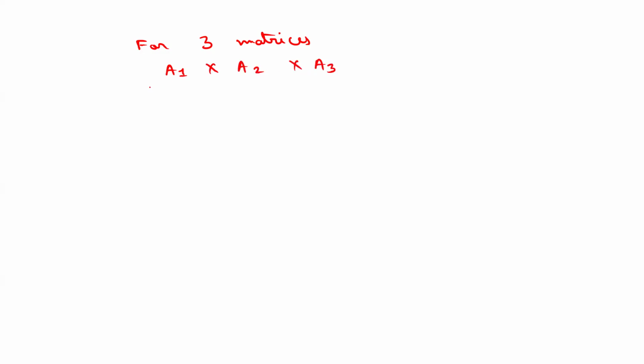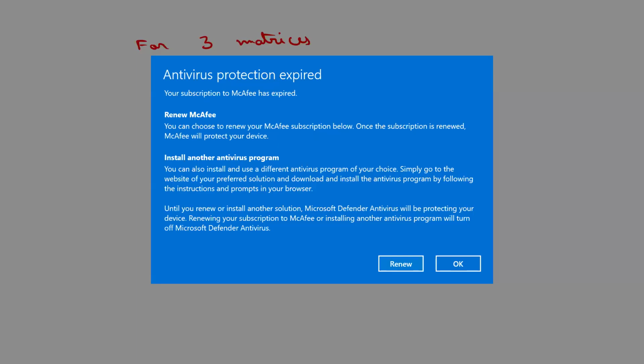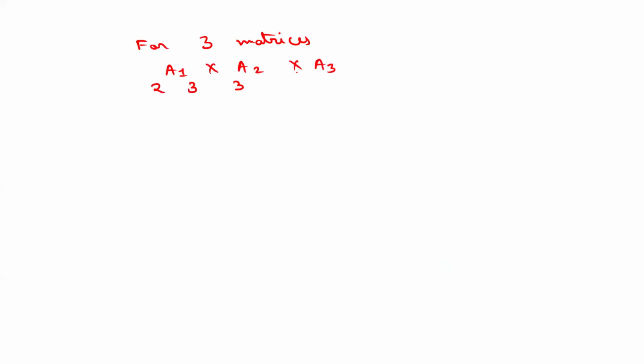The dimension of A1 is 2 cross 3, A2 is 3 cross 4, and A3 is 4 cross 2.